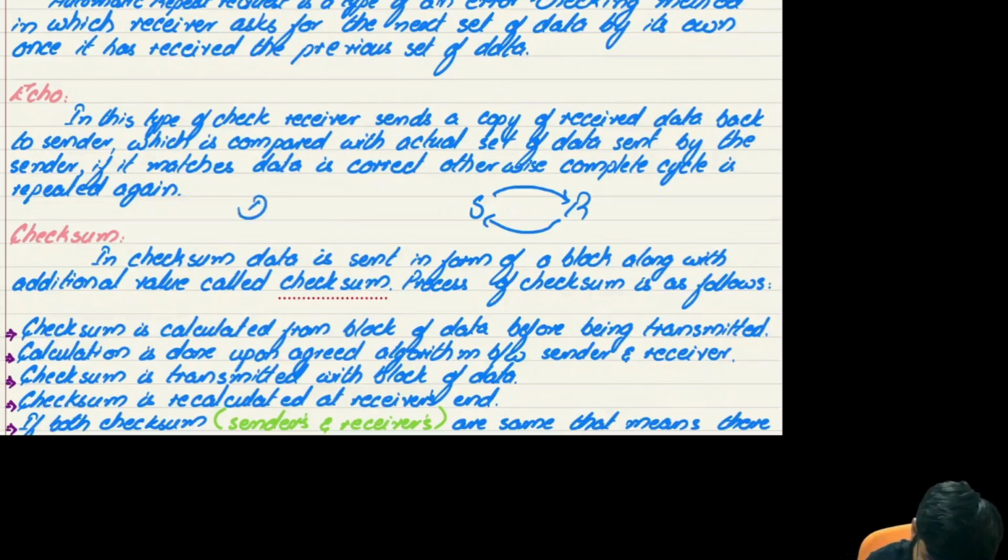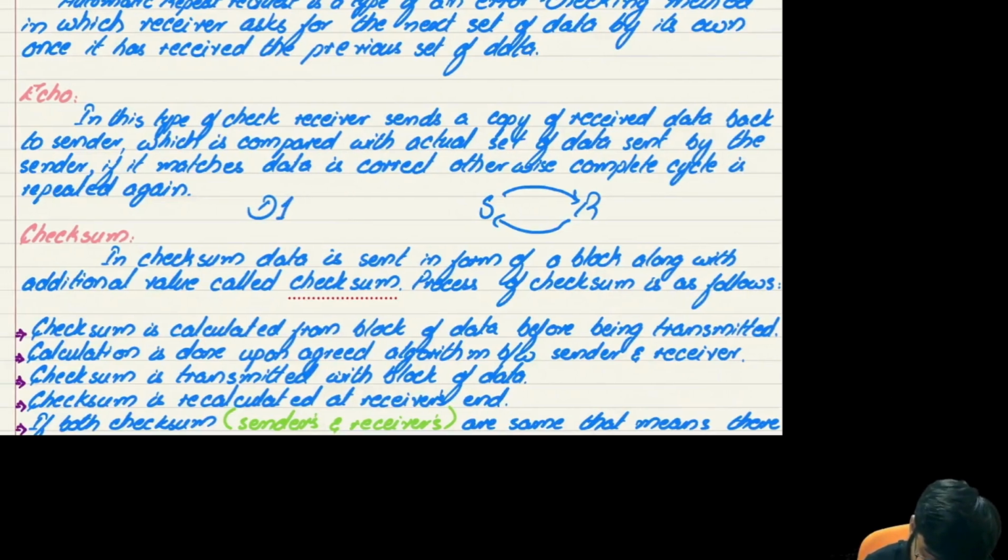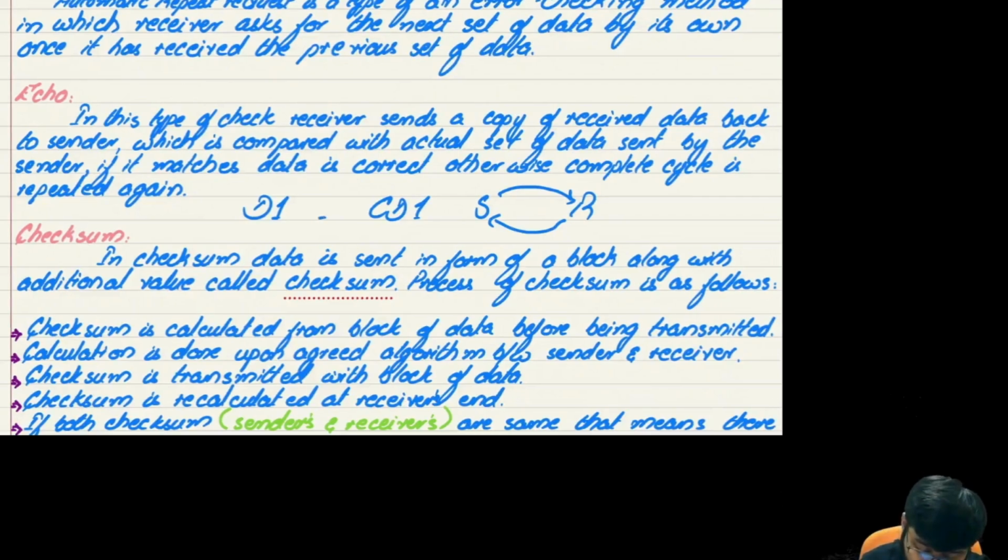For example, data 1 and the copy of data 1 received by the receiver is sent back to the sender. Now at the sender's end, the copy of the data 1 and the data 1 that it sent to the receiver will be compared, and if the comparison is true, that means there is no error while transmitting the data.